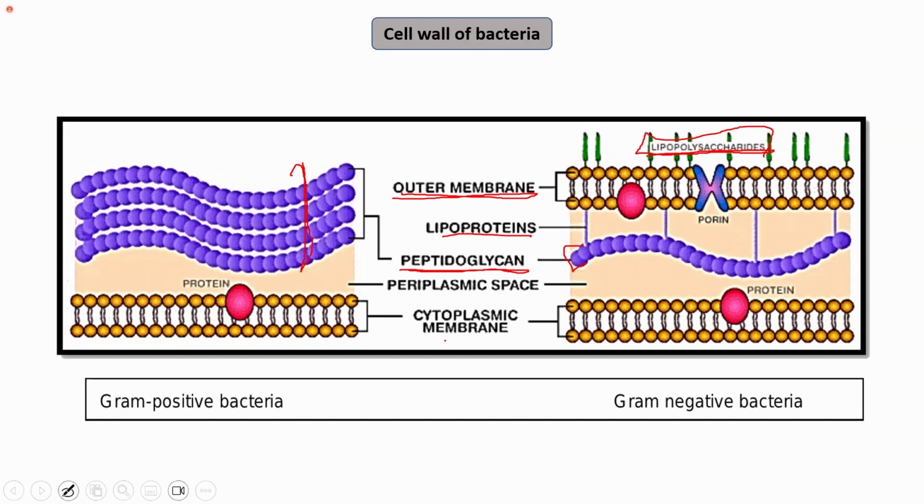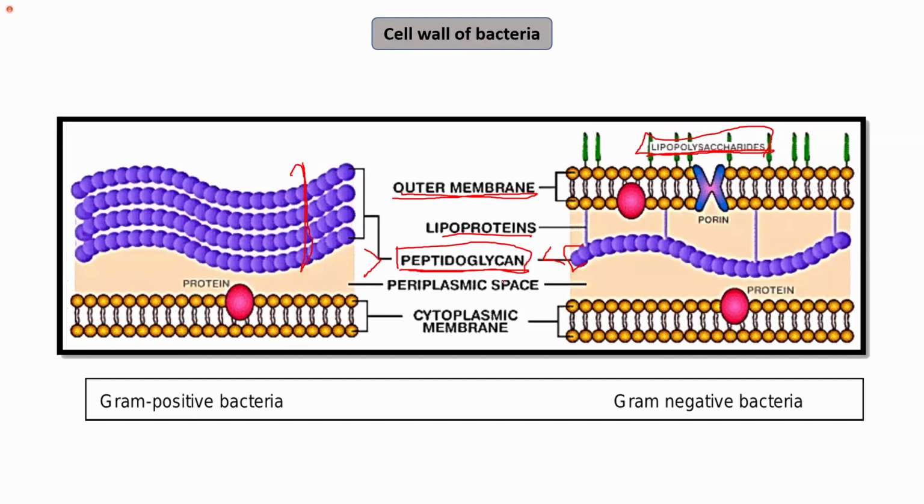So this is the difference between the gram-positive and gram-negative bacteria based on the thickness of the peptidoglycan. So in this case, we have a higher amount of peptidoglycan, while in this case, we have a very low amount of peptidoglycan, right? So the peptidoglycan content is very low in case of gram-negative bacteria.